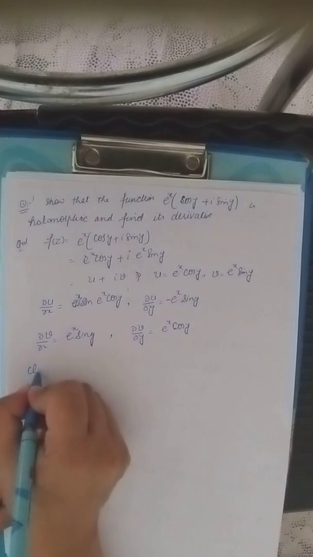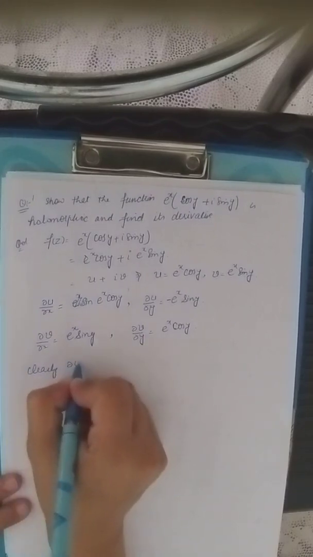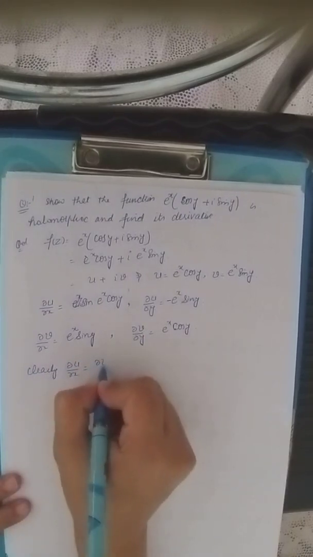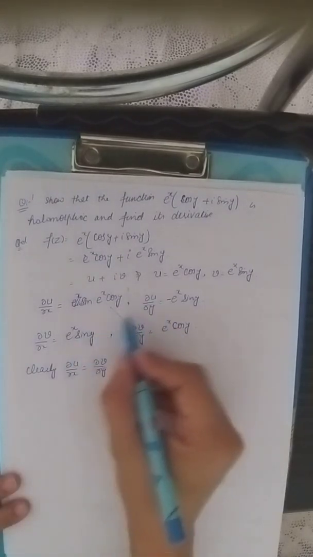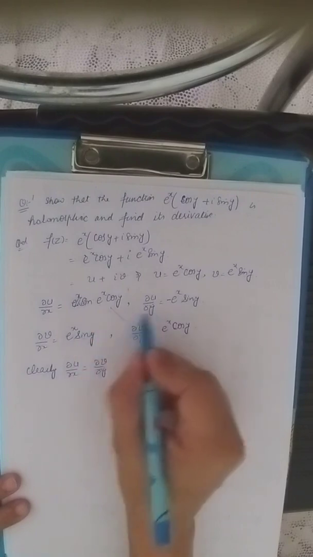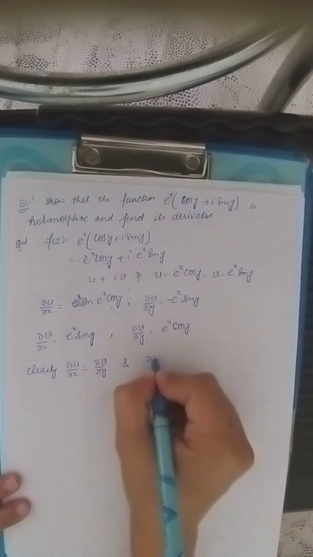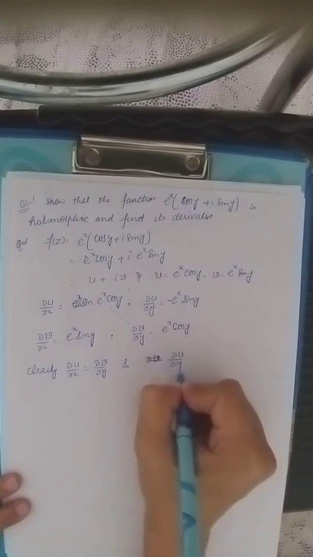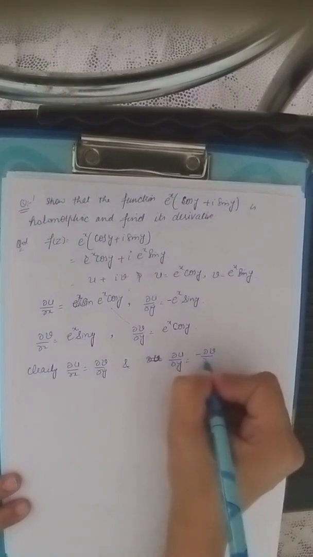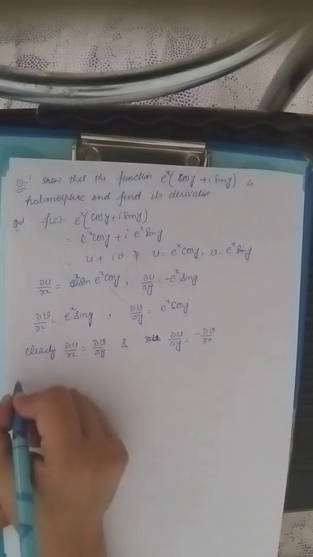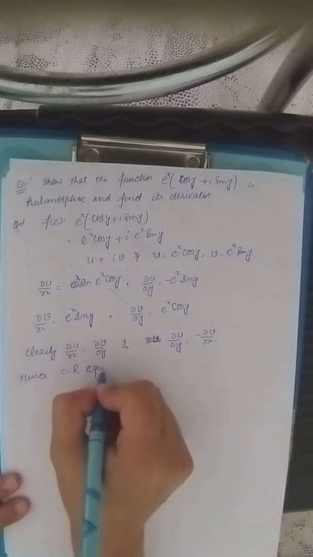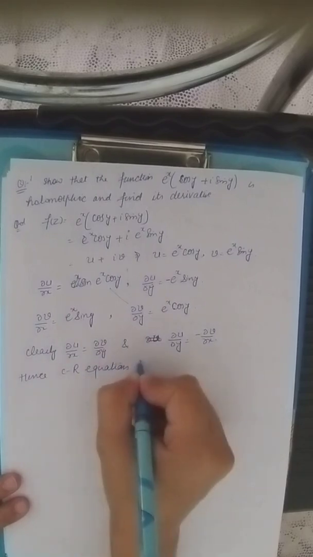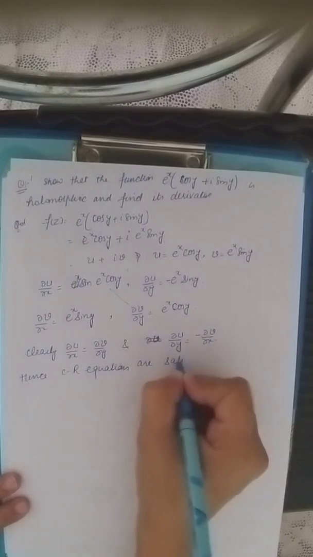Now clearly ∂u/∂x is equal to ∂v/∂y. Both are equal, and there is a difference of negative sign in these two values, ∂u/∂y equals minus ∂v/∂x, and hence CR equations are satisfied.